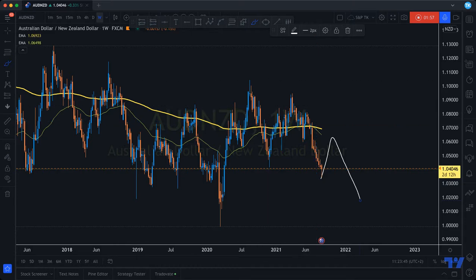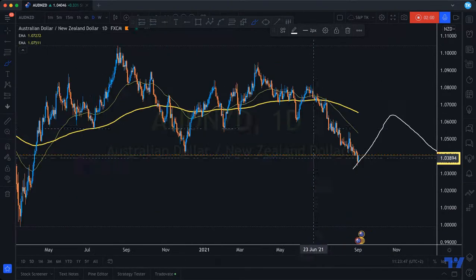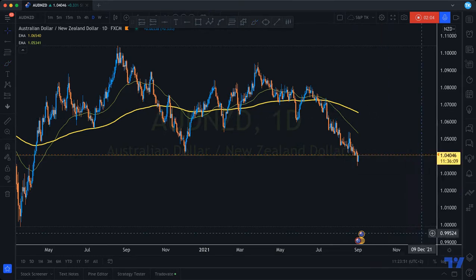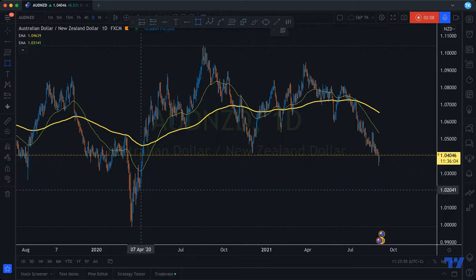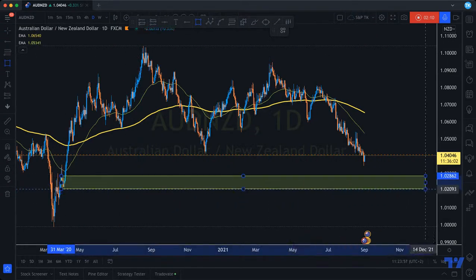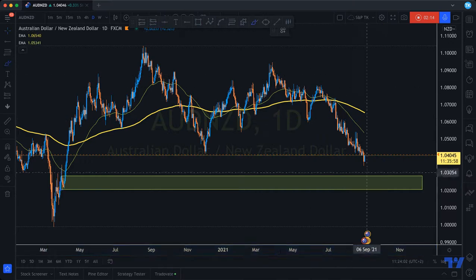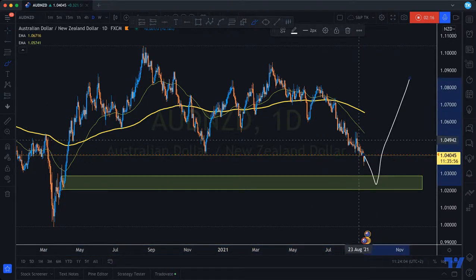So let's move down to the daily time frame, and what we see on the weekly time frame is confirmed. What we have to pay attention to is this demand, in which probably price will react.